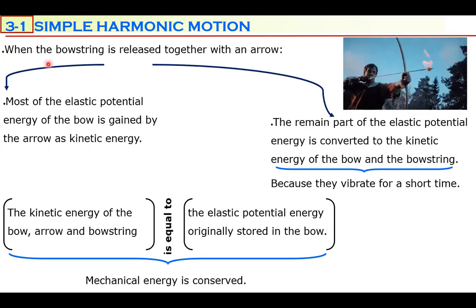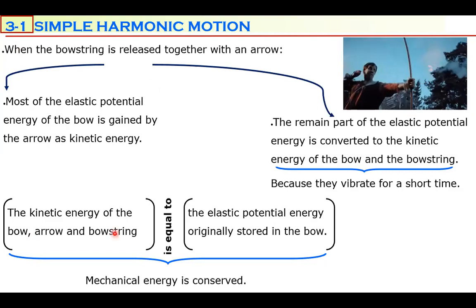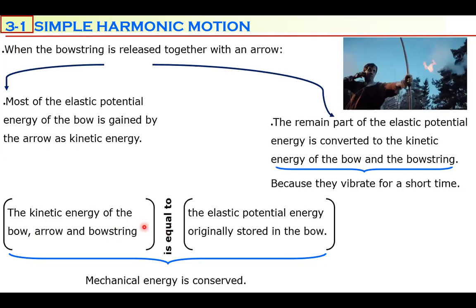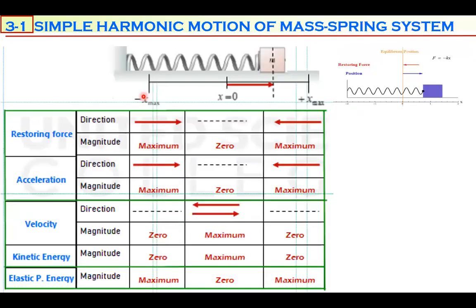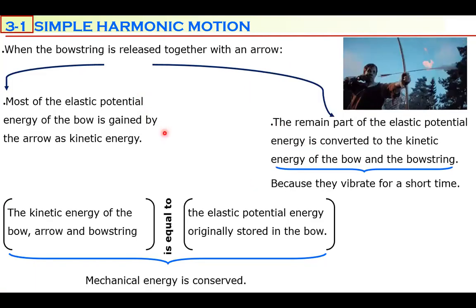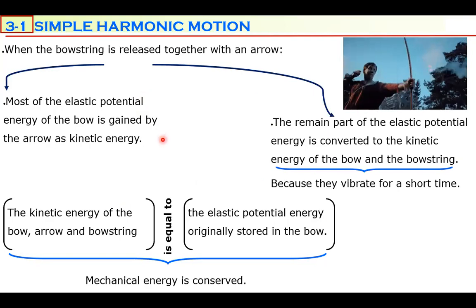As soon as you release the string, the bow, arrow, and bowstring gain all this elastic potential energy as kinetic energy. And this is the brief explanation about the elastic potential energy in terms of arrow, bowstring, and bow.